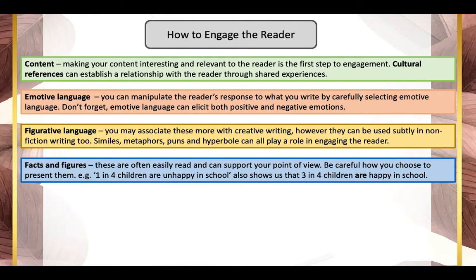So for example, 1 in 4 children are unhappy in school. So that makes us think, a quarter of all children are unhappy. However, if this was presented inversely, it also shows us that 3 in 4 children are happy in school. So even though statistics present the same fact, you can manipulate them to convey the message that you want them to convey.